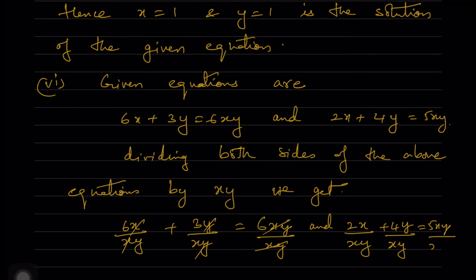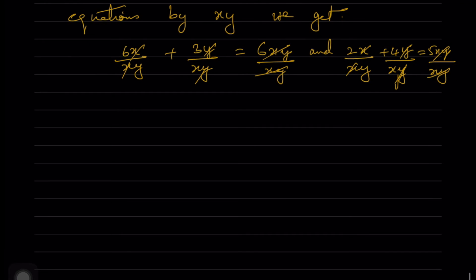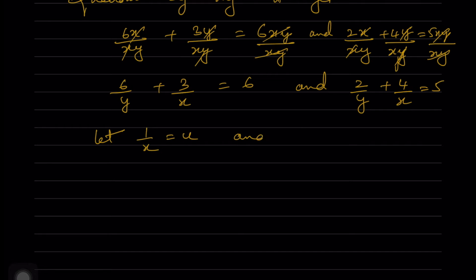Even in the second equation we do 2x by xy plus 4y by xy is equal to 5xy by xy. After cancelling all the like terms in numerator and denominator, we get 6 by y plus 3 by x is equal to 6 and 2 by y plus 4 by x is equal to 5. So let 1 by x be equal to u and 1 by y be equal to v.